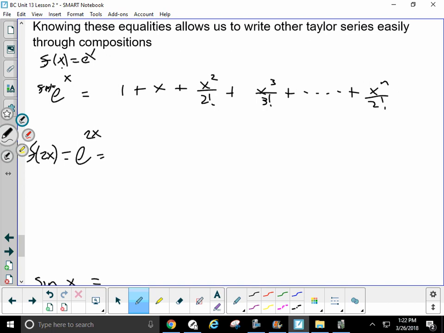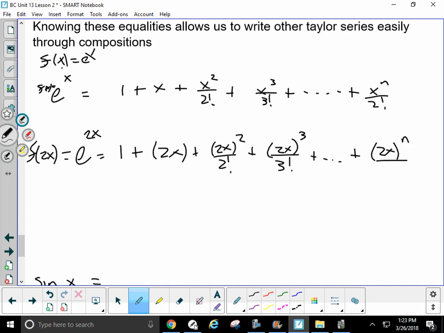I can use a composition. f of 2x, which equals e to the 2x, will equal 1 plus 2x, plus 2x squared over 2 factorial, plus 2x cubed over 3 factorial, plus 2x to the n over n factorial.